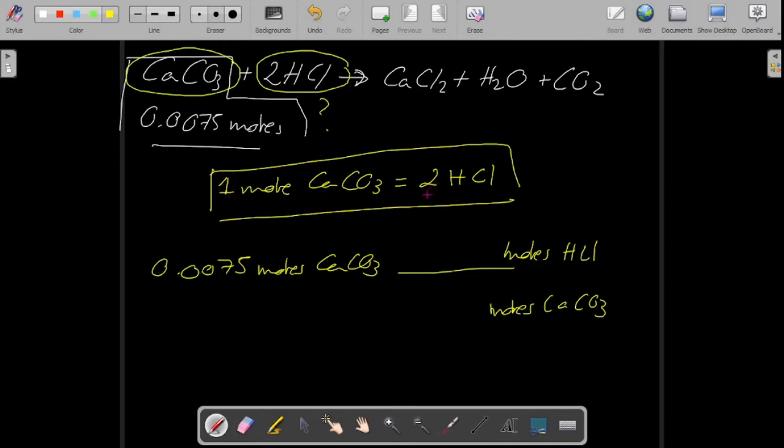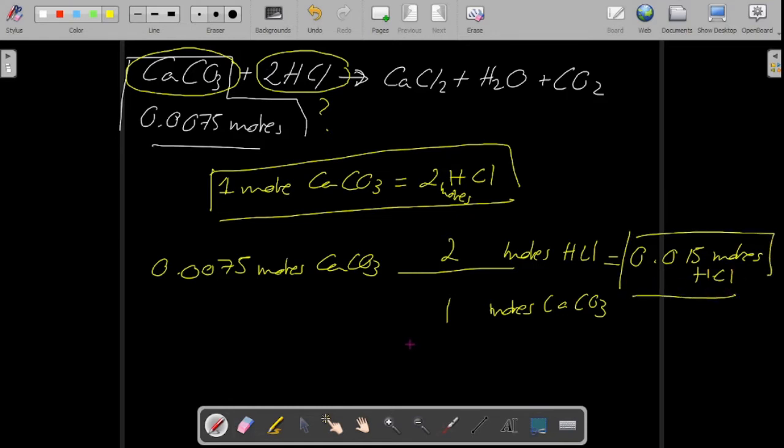Make sure that you put the numbers in the right place. The 1 goes with the calcium carbonate, so we're going to put 1 right here. The 2 goes, I forgot to put moles here, moles. 2 goes with the hydrochloric acid. So make sure that you put it in the right spot. Do the math, and if you do the math, it says that 0.015 moles of hydrochloric acid were neutralized when we took one of those tablets with 0.075 moles of calcium carbonate. So the first question has been answered.